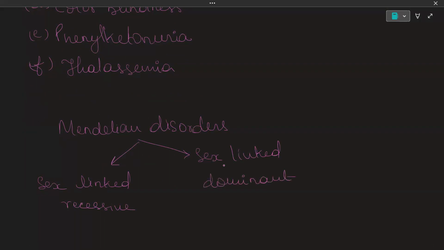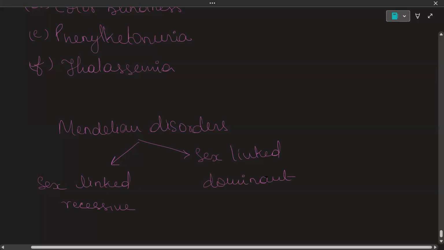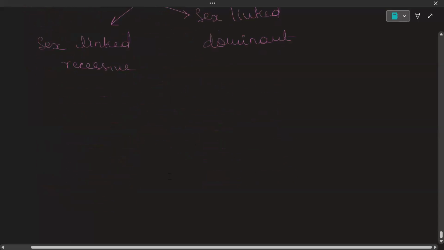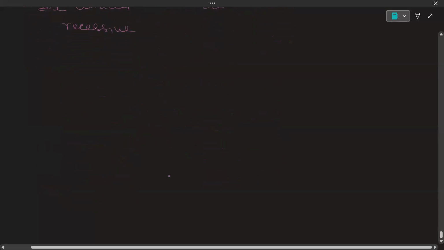Now let us see which one comes under dominant and which one under recessive. For your ease, I have made a chart about it. First we write the serial number, 1, 2, 3. After that, we write the name of the disorder.